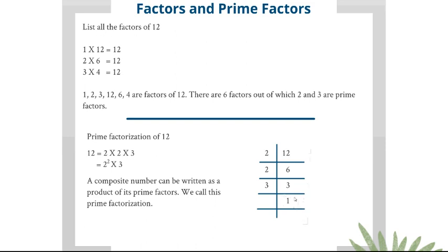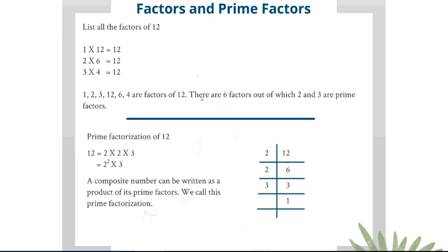But I have to reduce this original number to a 1 by dividing continuously by its prime factors, the lowest prime in fact. So now 12 equals 2 times 2 times 3, which equals 2 squared multiplied by 3. A composite number can be written as a product of its prime factors, and we call this prime factorization.